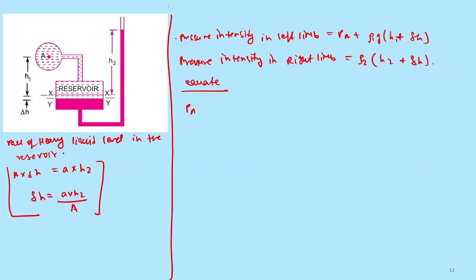We will get PA plus rho 1 G into H1 plus delta H equal to rho 2 G into H2 plus delta H.